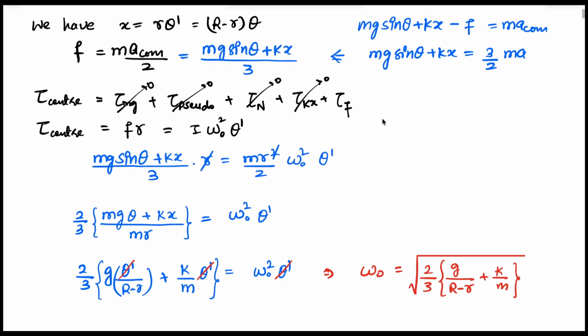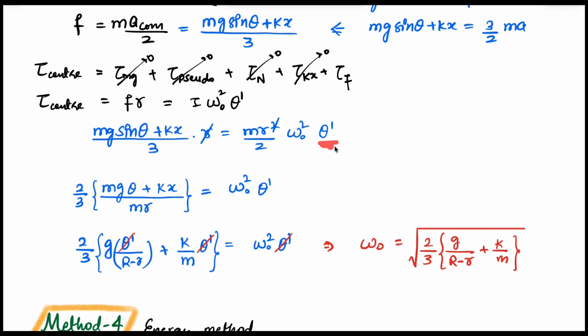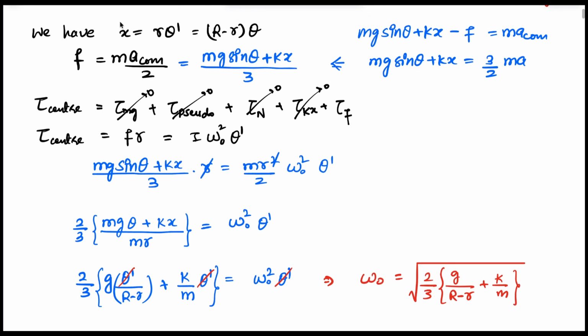We know angular variables, seen from anywhere, are the same for a rigid body. So now this theta dash we will have to either replace in terms of x, or x we should replace in terms of theta. All of them should be replaced in terms of any one variable.